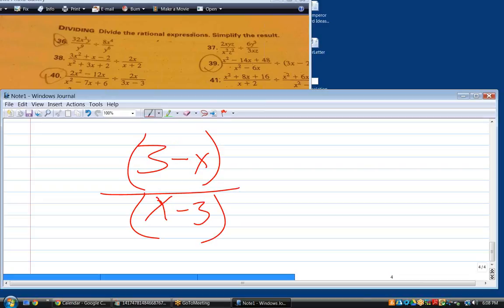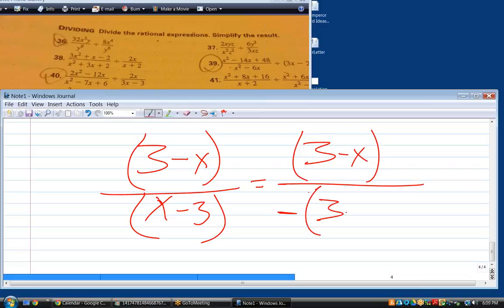What is 3 minus x over x minus 3 equal to? Is it just 1? Negative 1. Oh. And the reason is that I can write 3 minus x like that, and I can write x minus 3 as the negative of 3 minus x. Notice that if I distribute this negative, I have minus 3 plus x, which is this.